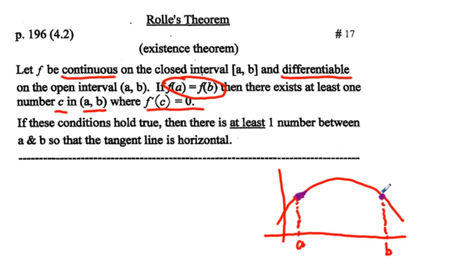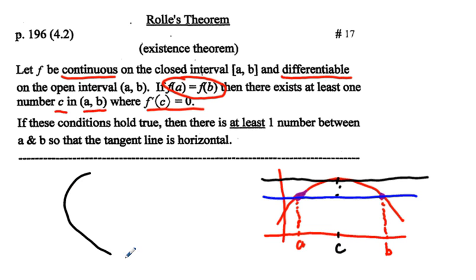And if f of A equals f of B, the slope of our secant line is going to be what? This horizontal line, the slope of that horizontal line is 0. And therefore, there's going to have to be at least one number between A and B where the tangent line is horizontal. And here the tangent line is horizontal right at the top, not drawn exactly at the top, but right at the top. And so that input value is going to be C.